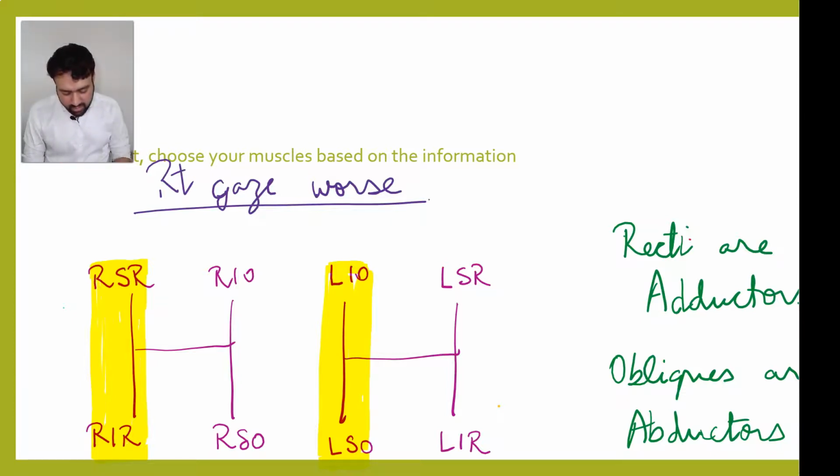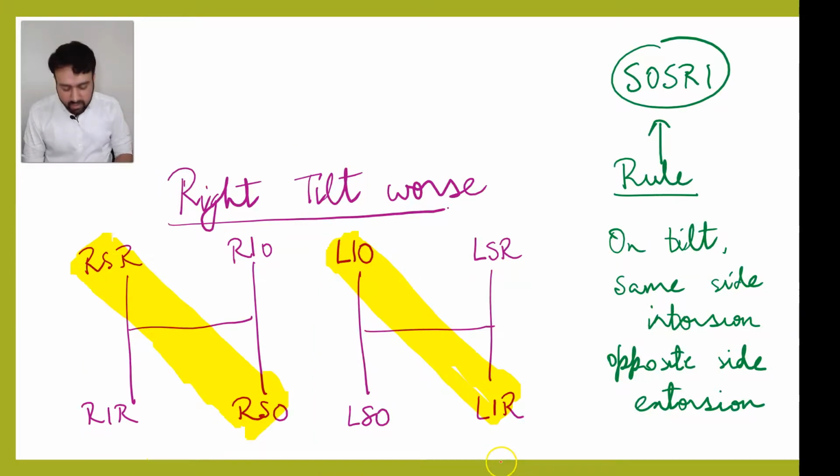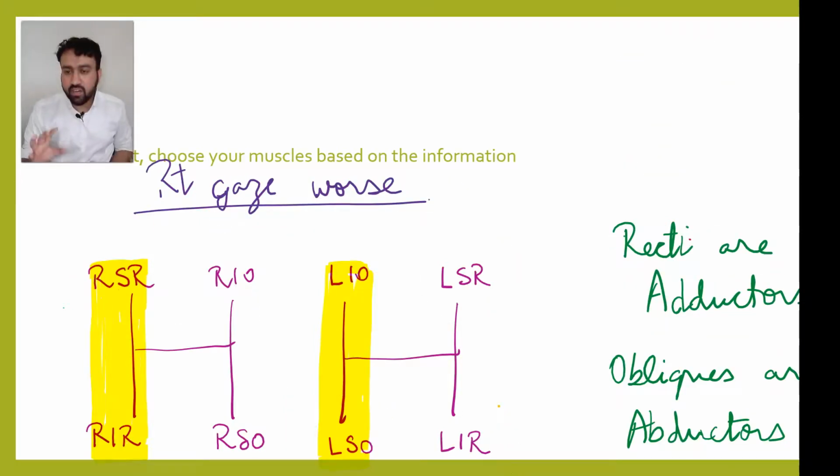So which is why you can see the highlighted images in that photo are right superior rectus and right inferior rectus, correct? And for the left eye, left inferior oblique or left superior oblique are highlighted. Why? Because in the right gaze, the left eye is in the adducted position.